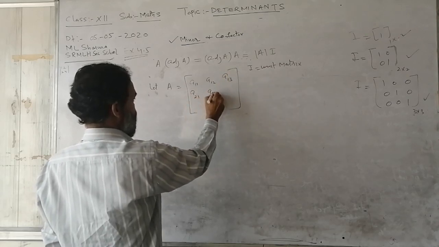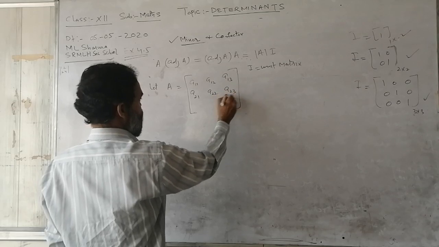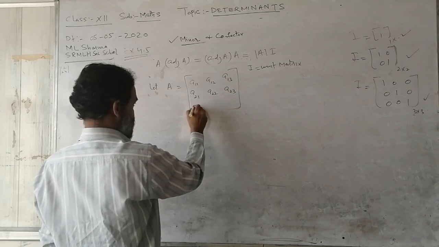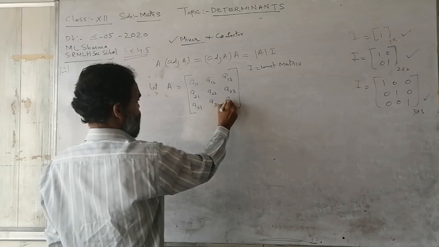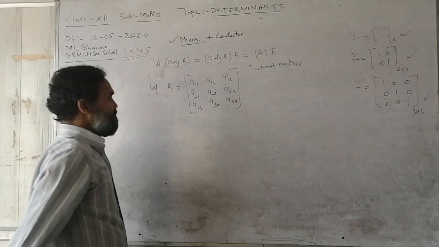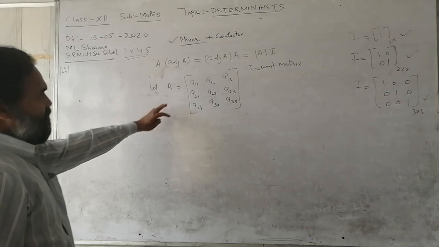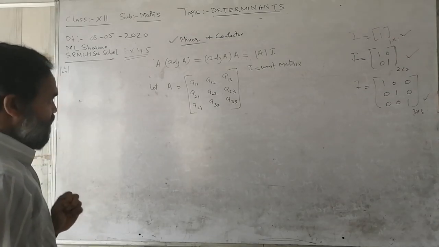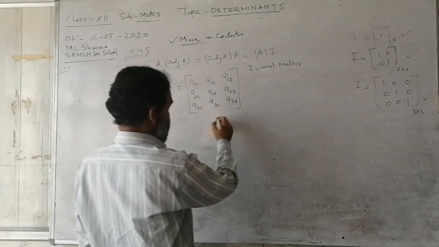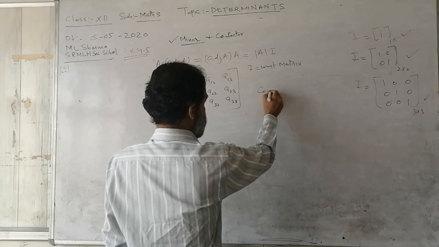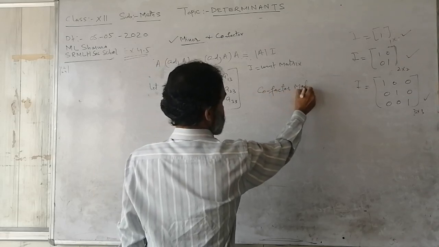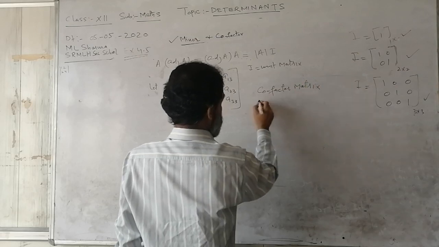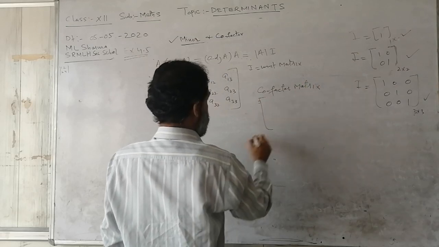So these are the elements of matrix A, which is square. Then I have to find its adjoint. For finding its adjoint, I will have to take the cofactor matrix.